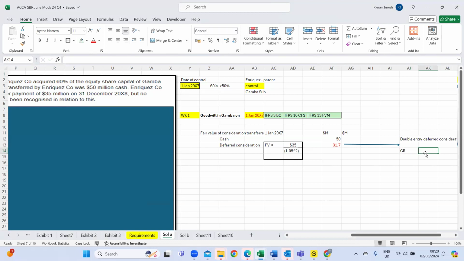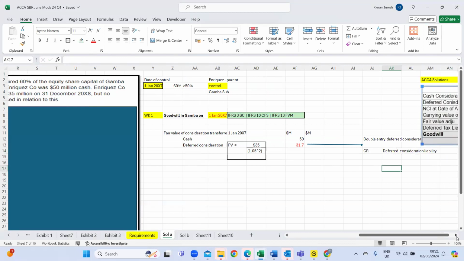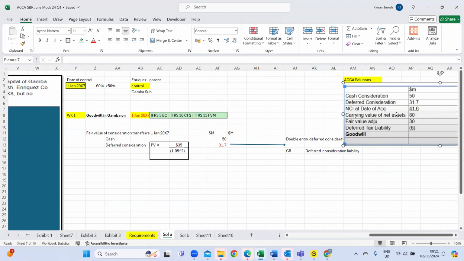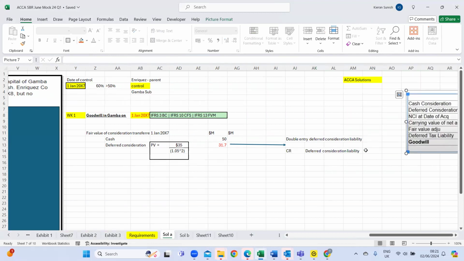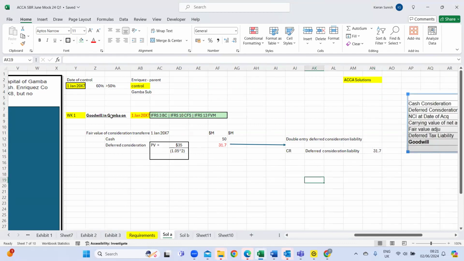So you have a deferred consideration liability account, which would be credited by how much? I've got your solution here as well. Credited by 31.7. At the same time, where is the debit going to go?